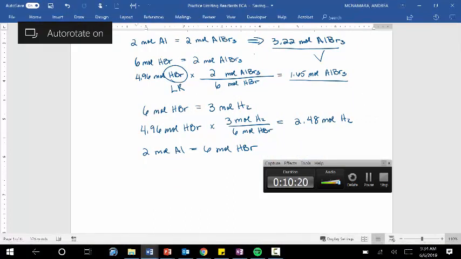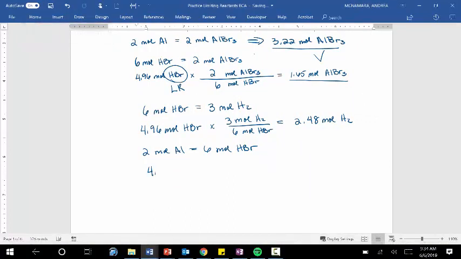So if I started with 4.96 moles of hydrogen bromide, boy, isn't this repetitive? And I want to see how much aluminum I'm going to use up, and it's 2 moles of aluminum for every 6 moles of hydrogen bromide. So let's see how much of the aluminum I use up in this equation.